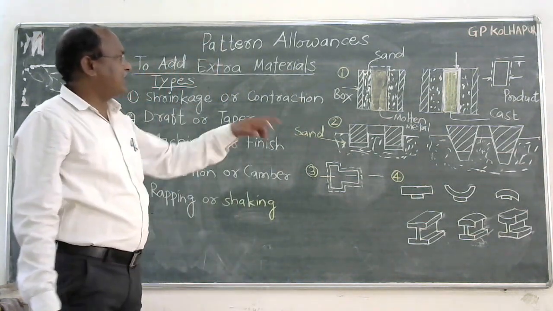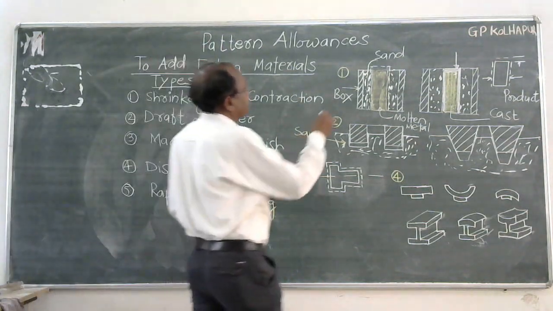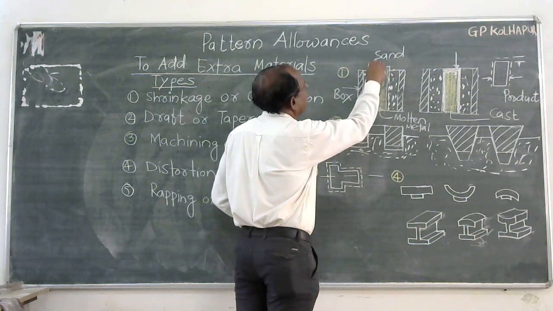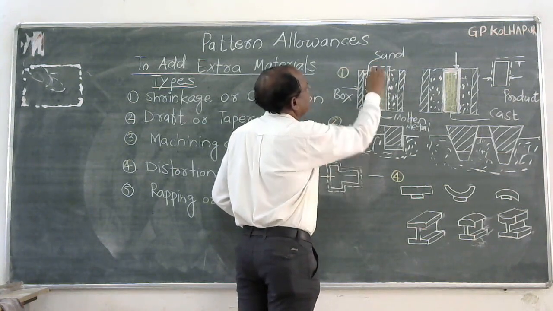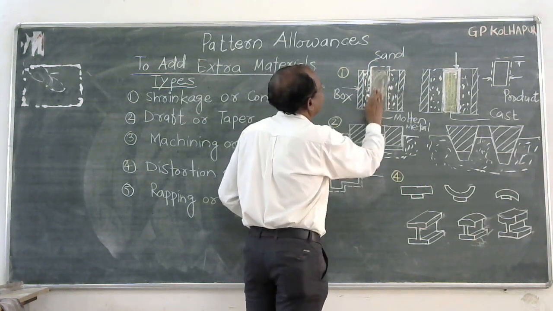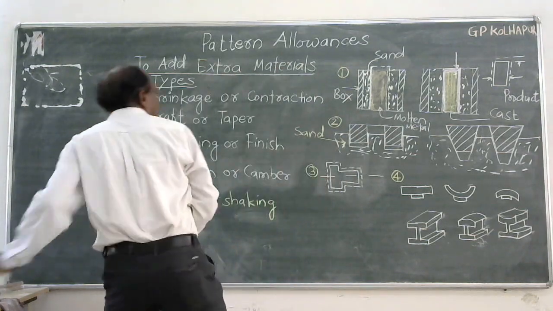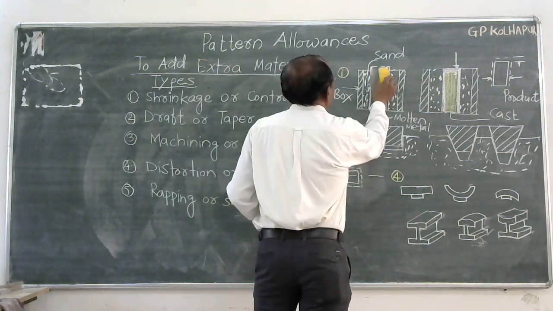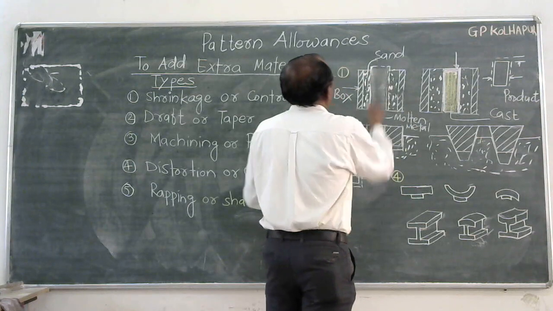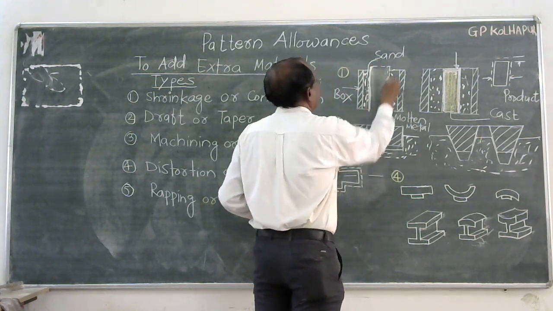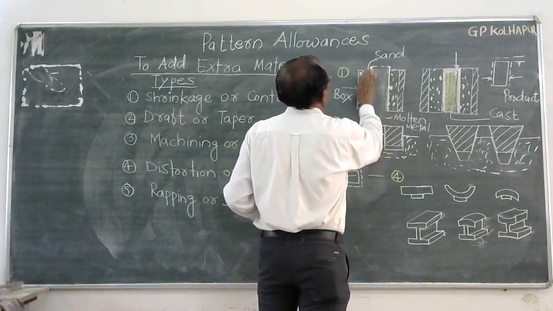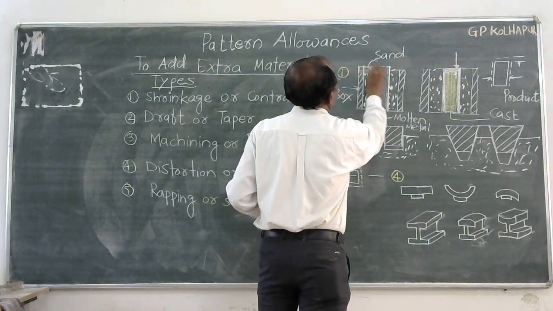So to overcome that, I must provide an extra material on the pattern. Now the pattern, or cavity of the molding box, is like this.